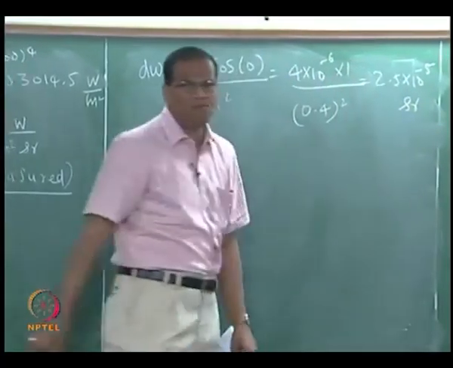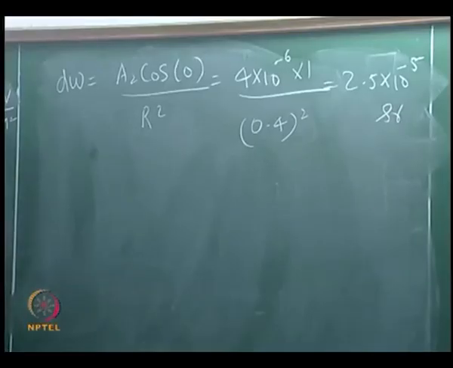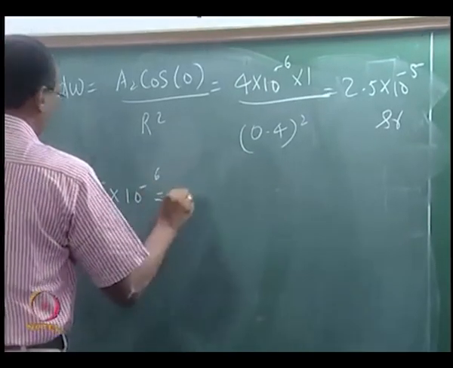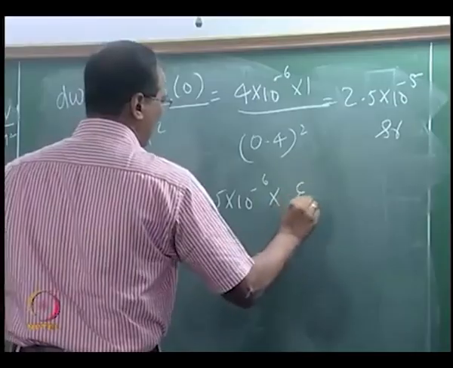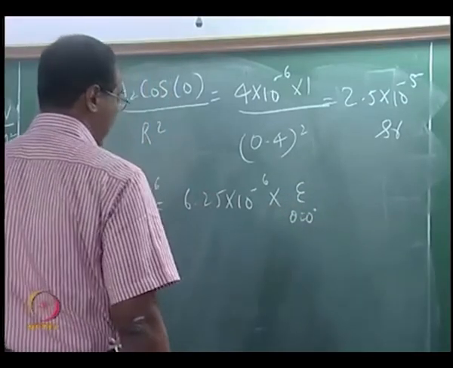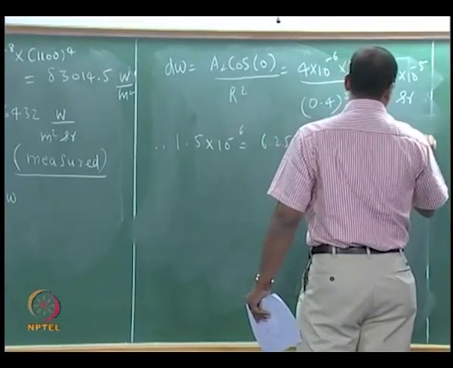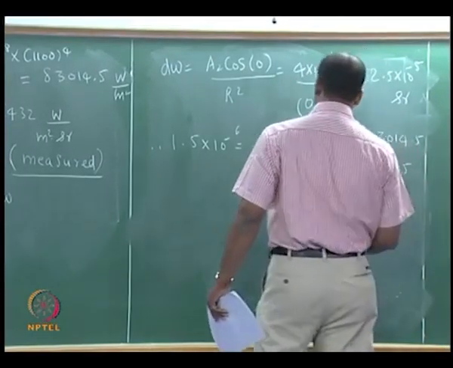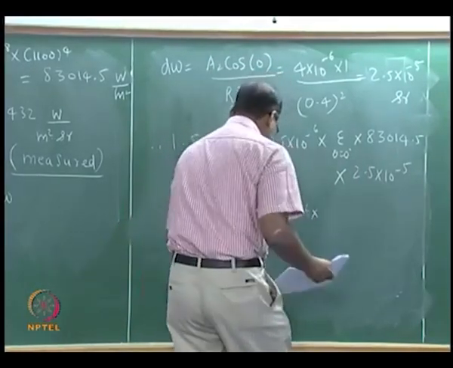Is this correct? A1 is also there, so... not 83,000.